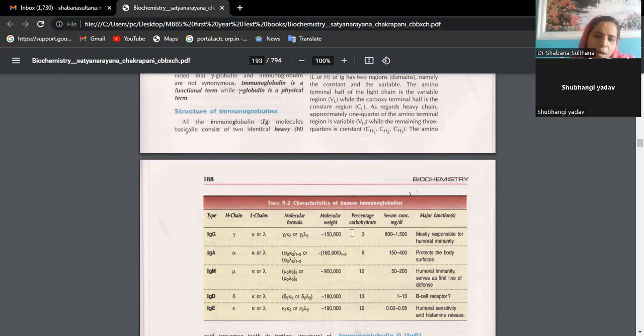Basically they are proteins, but 3% of carbohydrate is also there in the structure of immunoglobulin G. Serum concentration is 800 to 1500 milligrams per deciliter. Function: responsible for humoral immunity. Please read this whole table. Whatever immunoglobulin is being asked, you can elaborate from this.